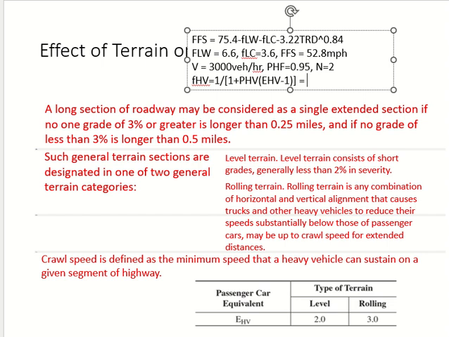What did I do? 1 upon 1 plus 0.02, 2% is 0.02, and then 3 minus 1.